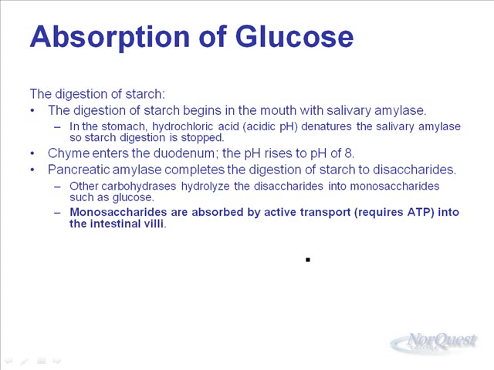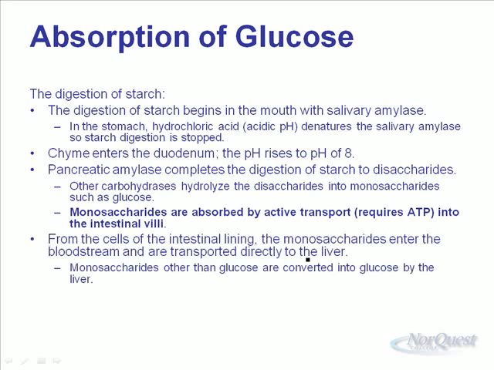Those disaccharides are going to be attacked by carbohydrases. Those carbohydrases are going to hydrolyze disaccharides, turning them into monosaccharides such as glucose or fructose or maybe ribose, depending on the size of the sugar unit. Those monosaccharides are absorbed by active transport from our intestinal villi into our circulatory system.